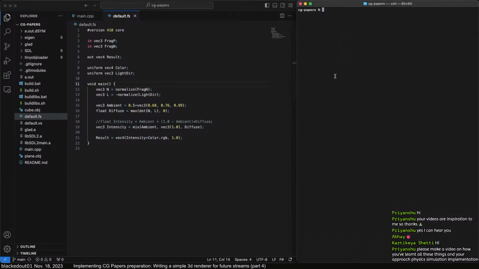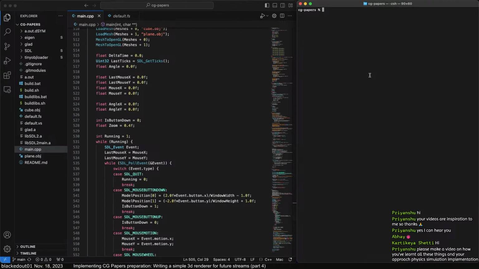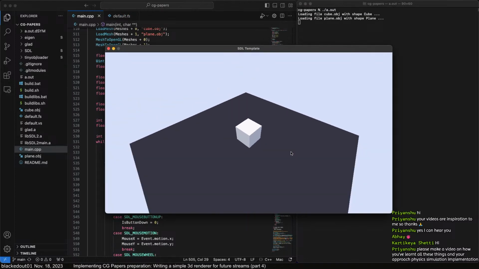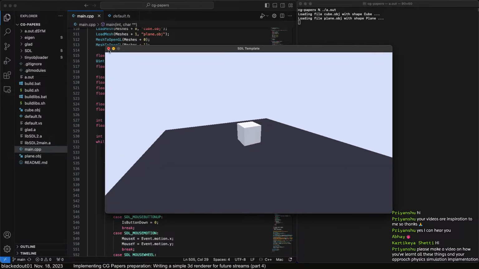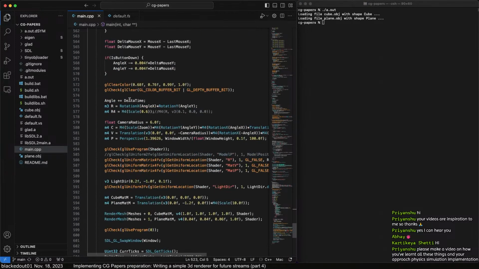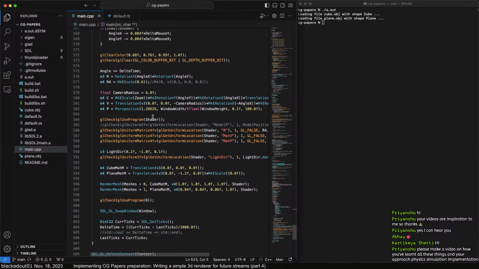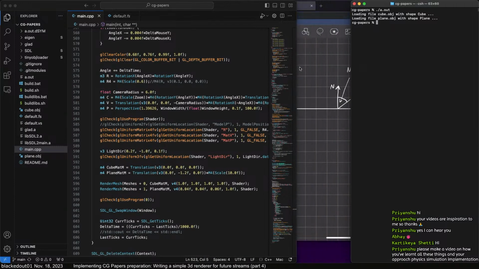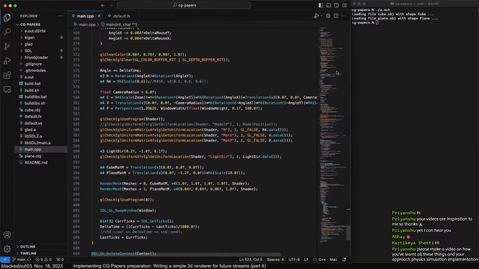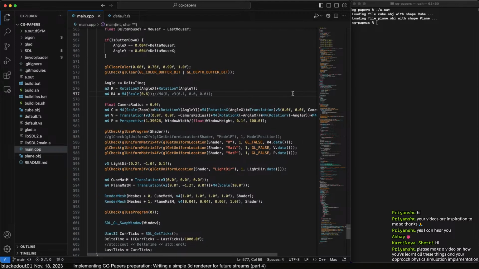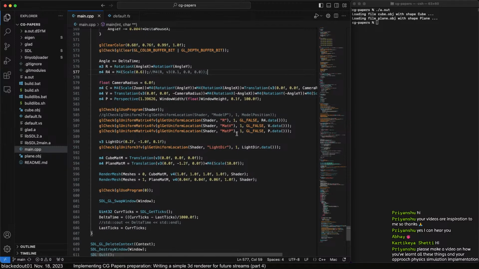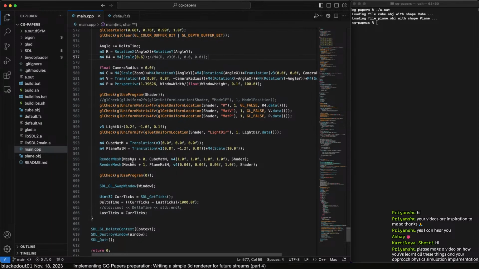And another thing that a viewer told me was that the lighting for the cube works here, but if we, for example, rotate the cube, let me get this a bit... So the cube is rendered here.